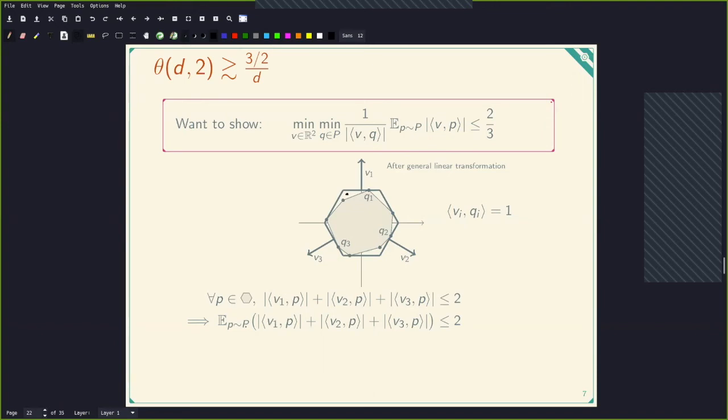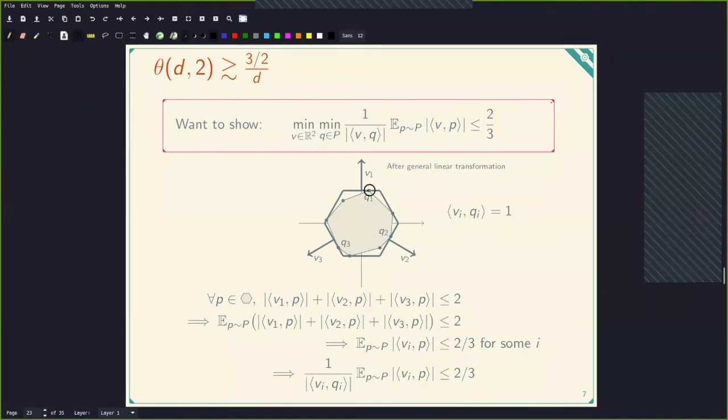And because all the points live inside of the hexagon, I know that the average over all my points is at most 2. And pigeonhole lets me pick out one of these vectors so that the average is at most 2/3. And now the point is that I know that I have this, say, Qi that lies on that same edge. So this guy right here is just going to equal 1.